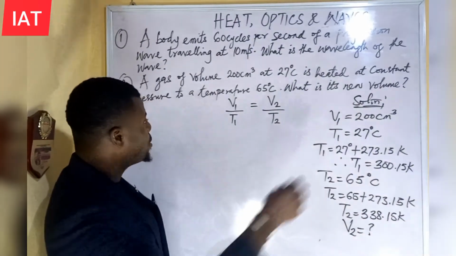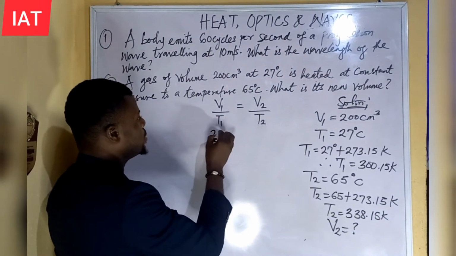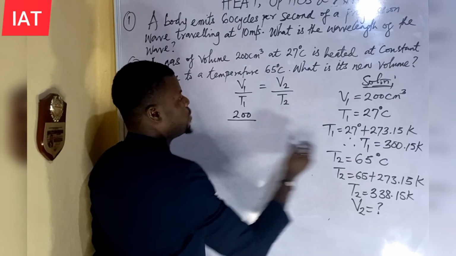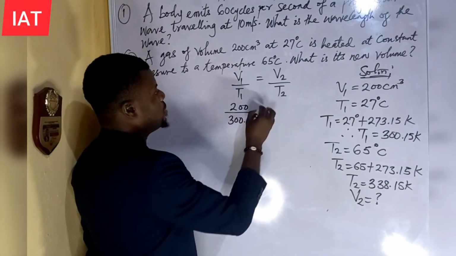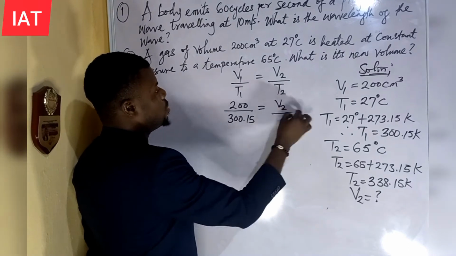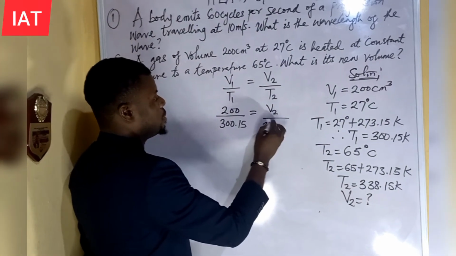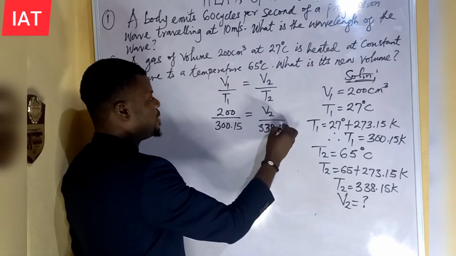All right, so at this point we have V1 to be 200 divided by T1. The final value you have for T1 is 300.15, equal to V2 over T2, and the value there is 338.15.